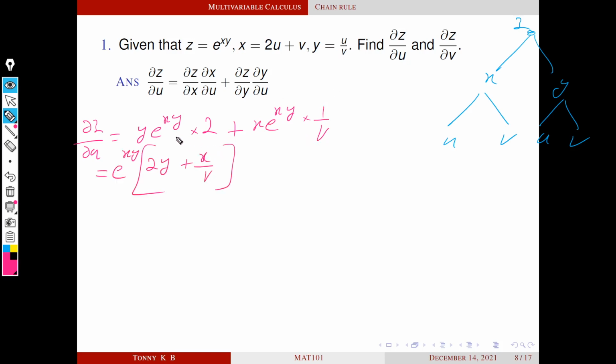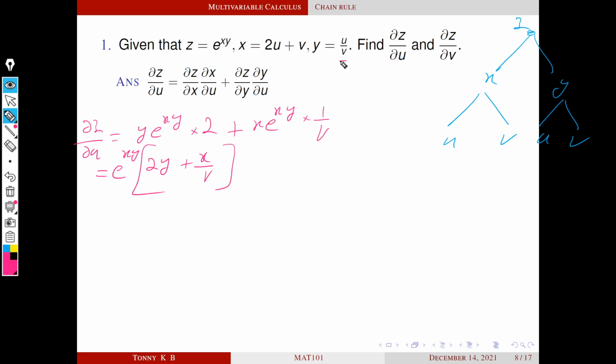Here e raised to xy is common, you can take it outside, so this becomes e raised to xy into 2y plus x by v. Okay, we have to find this derivative in terms of u and v, right? Ultimately we know that z is in terms of u and v, so we have to find this derivative in terms of u and v. How? By substituting this y and x in terms of u and v.